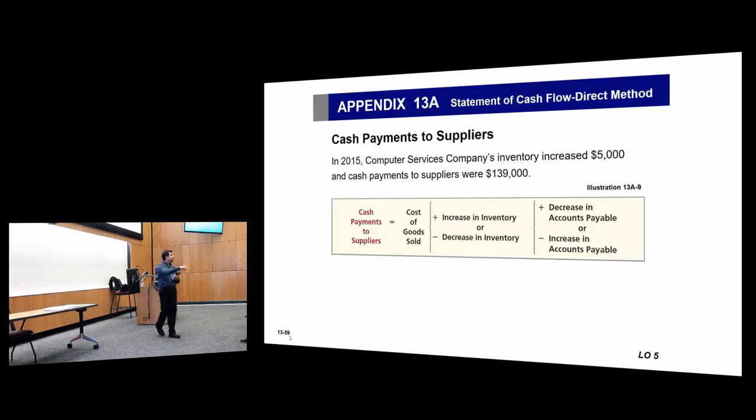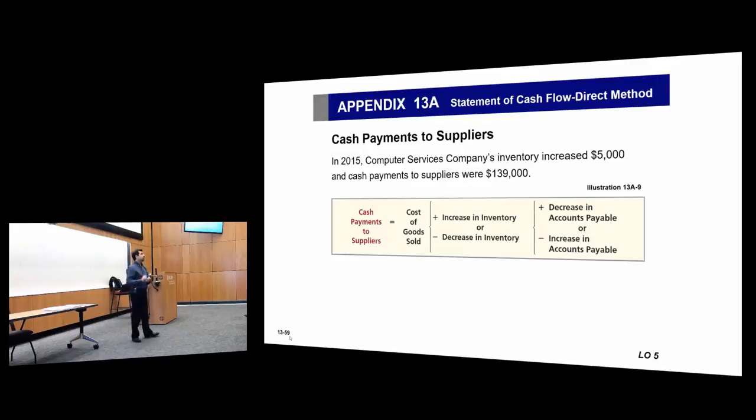This is different from what you have here, because here we're looking at cash outflows, cash payments. So the company made more payments. As a result, the company will add the increase in inventory. And if there's a decrease in inventory, that means the company used some of the products that they had in their warehouses. So they subtract that.